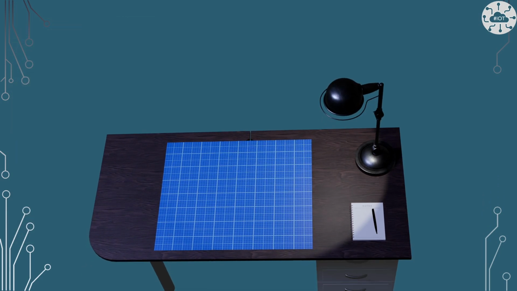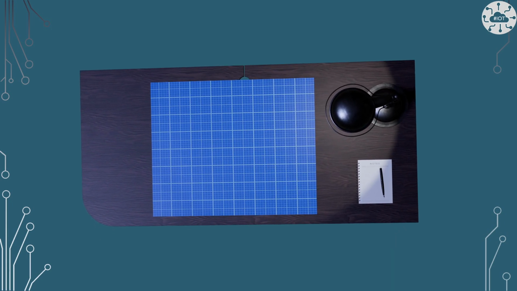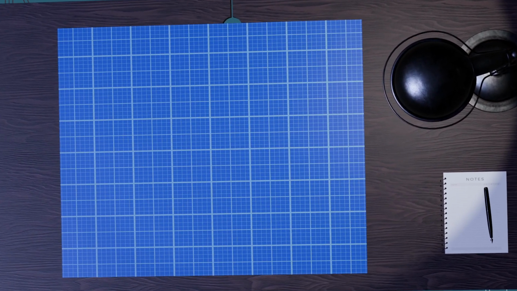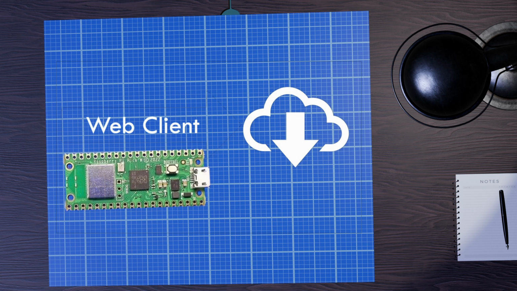I've done lots of things with web technologies already for the Pico W and Pico 2W on this channel, but they've all been from the point of view of a client, so making my Pico W or Pico 2W into a client.